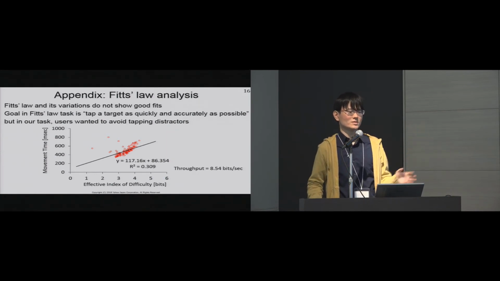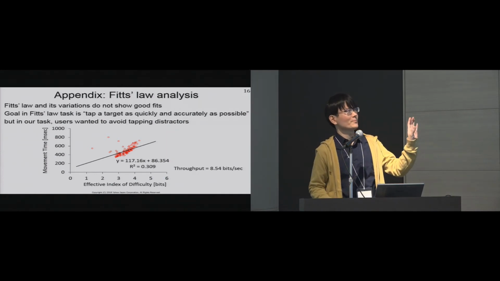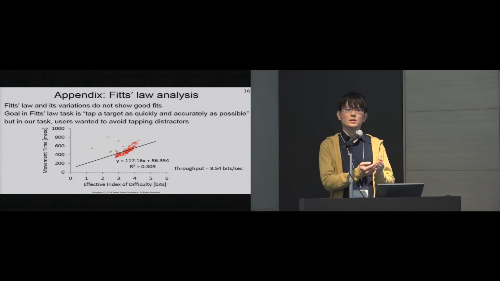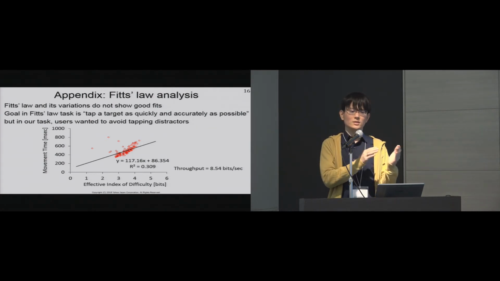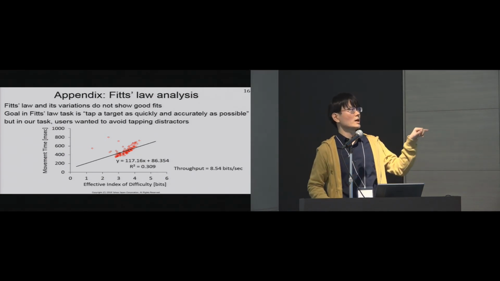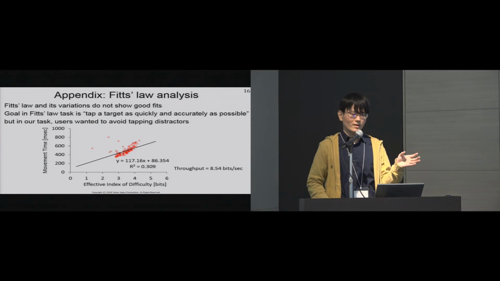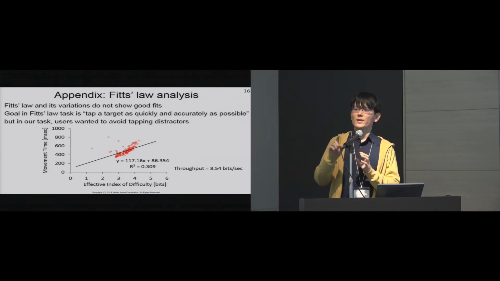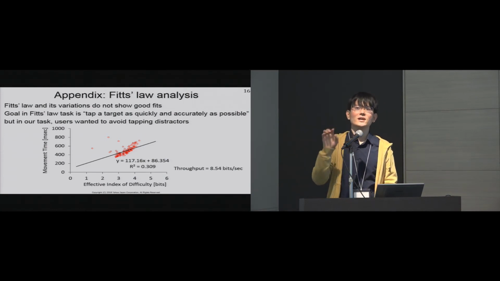This result shows the poor fit because here we use the effective width based on the tap point distributions. When the tap point distribution is large, the effective width is large and the ID is low. So when the gap is large, participants tended to randomly tap around the target because there is no distractor.